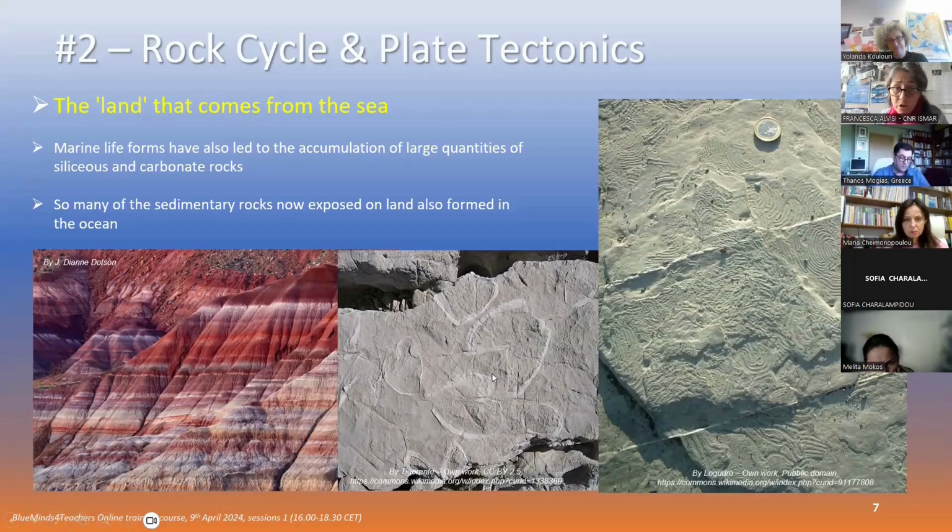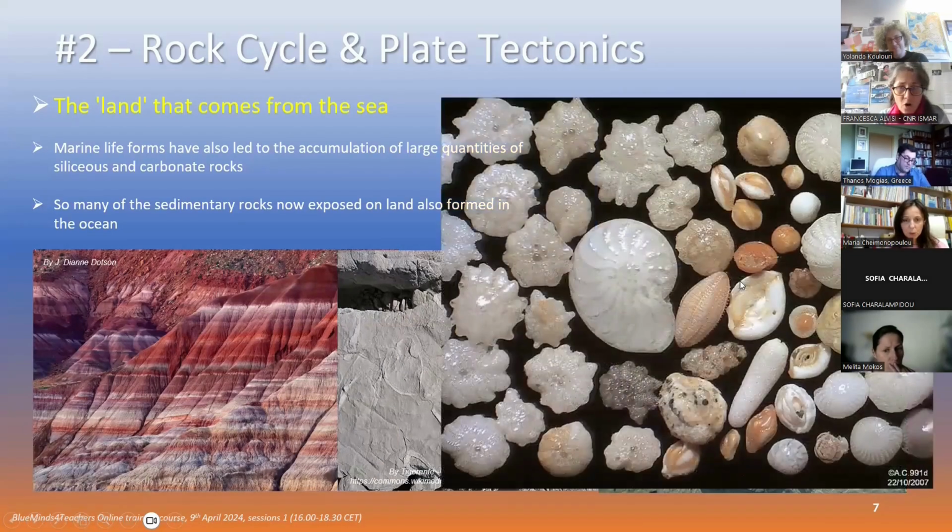They may have fossils that are witnessing that they are marine rocks, or they have some imprints, some traces of organisms living in the ocean. Or most of the rocks that we know as limestone, for example, are made of very small animals that have these carbonatic shells.